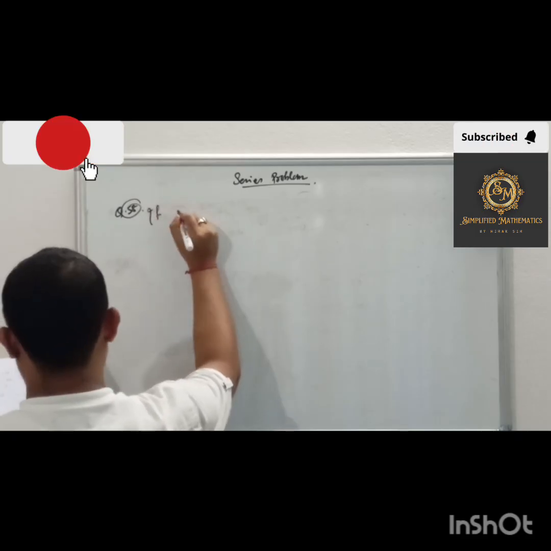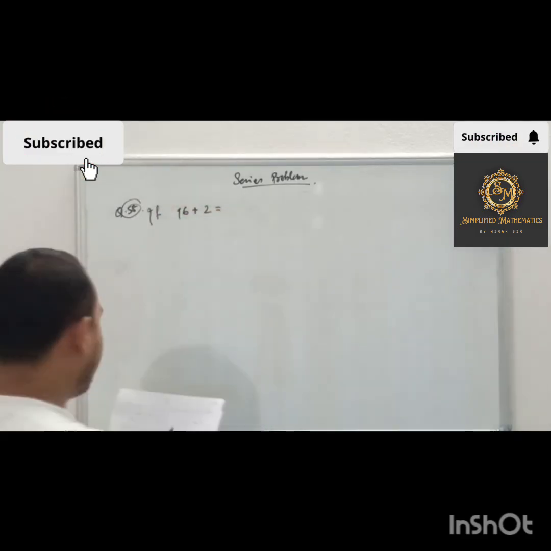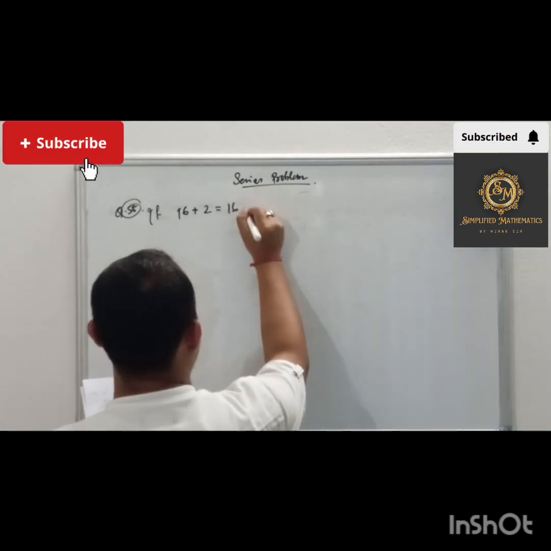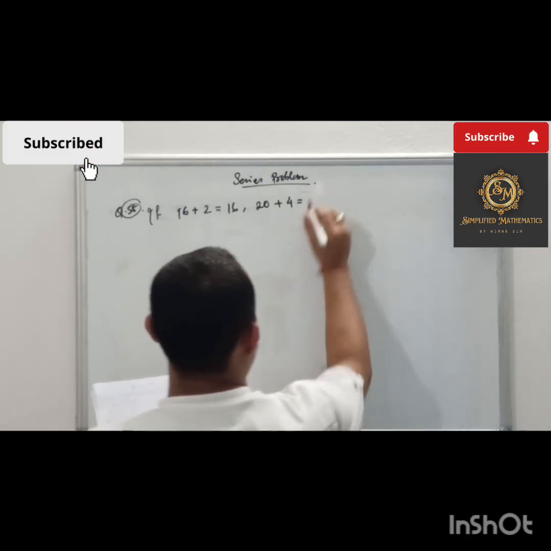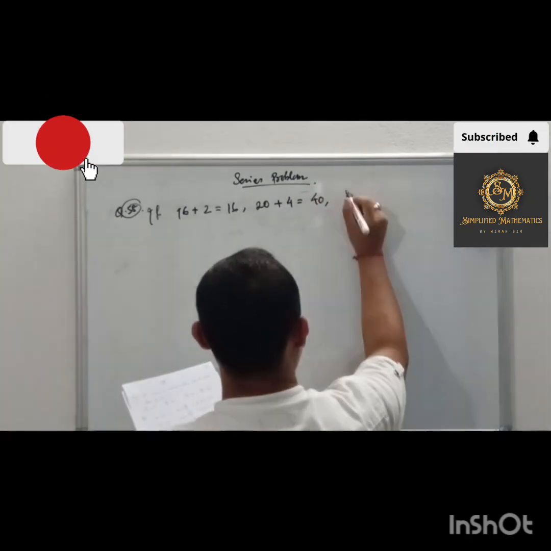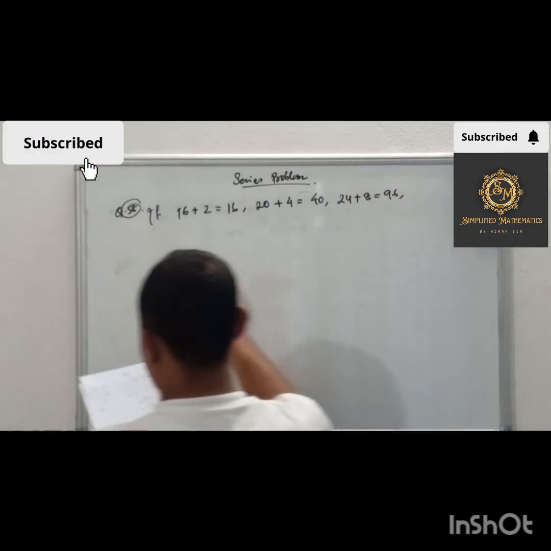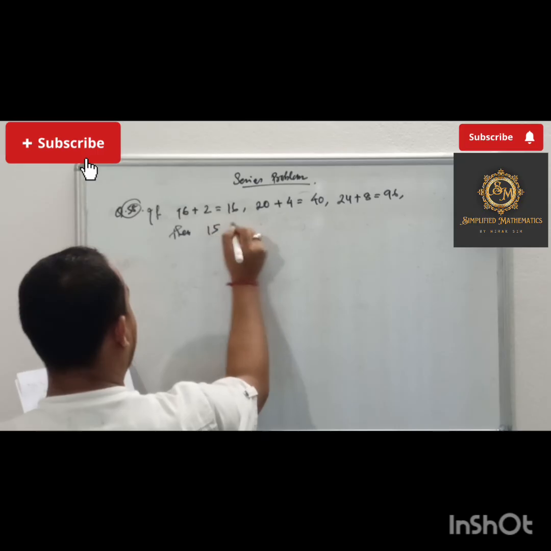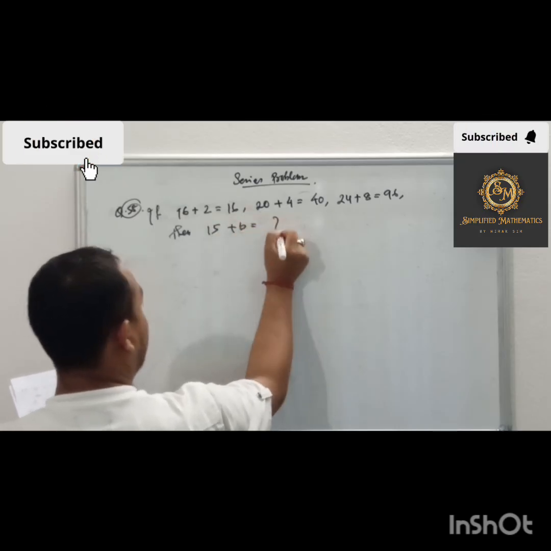If there are some patterns whose values are given like this: 16 plus 2 we get 16, 20 plus 4 we get 40, 24 plus 8 we get 96. Then what is the value of 15 plus 6?